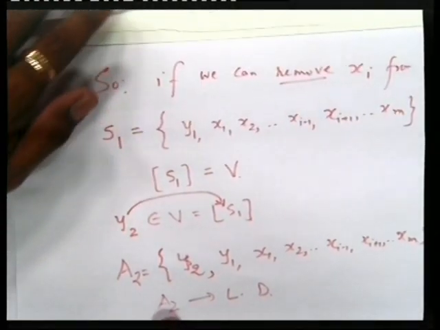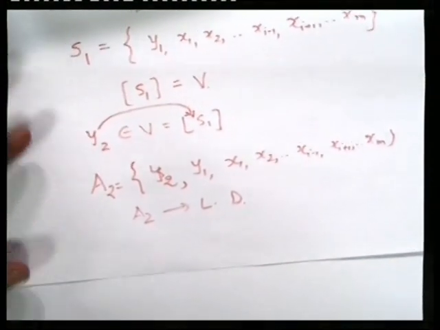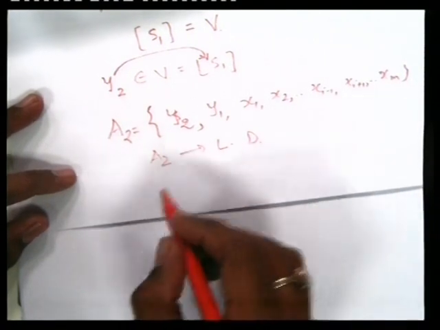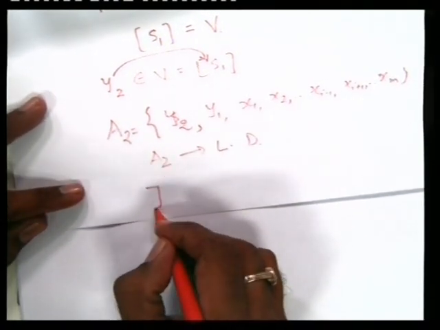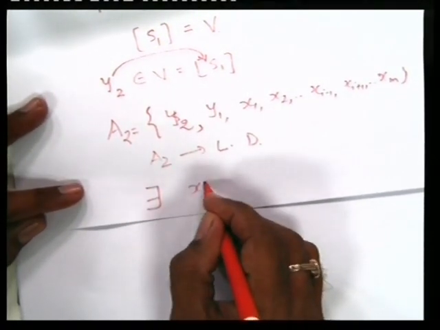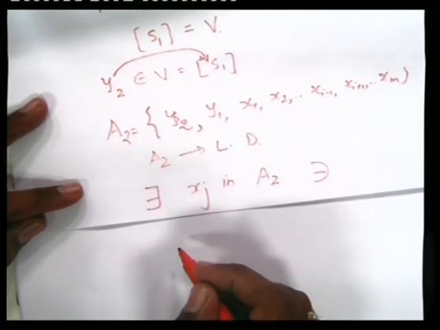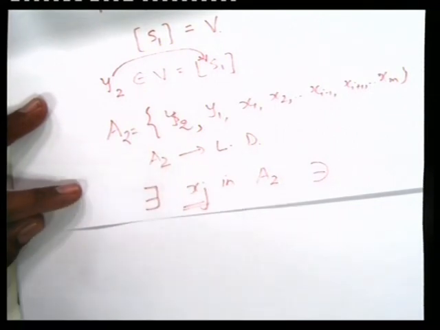Again, as this is a linearly dependent set, there exists some vector xj in A2 such that this xj can be expressed as a linear combination of its preceding vectors.